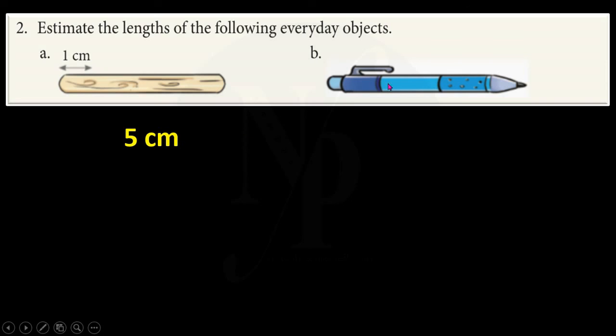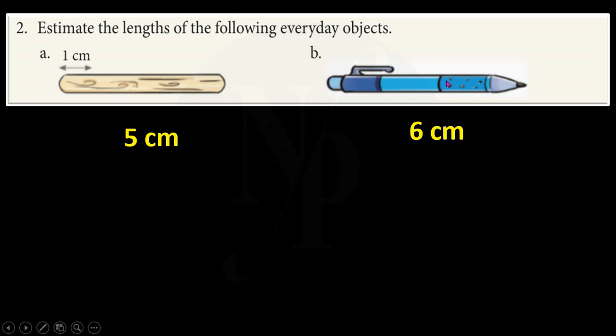Looking at this object, and when we compare the length of this pen with the small stick given here, the length of the pen seems to be a bit longer than the length of this object. So we may say the length of the pen given in this picture is about 6 centimeters.